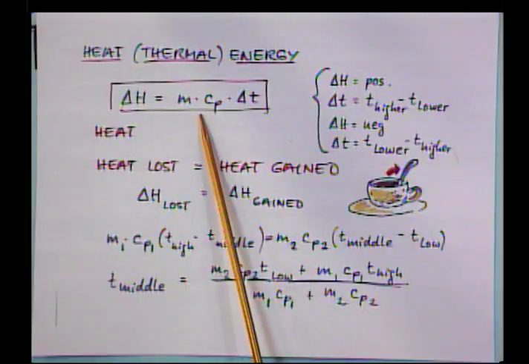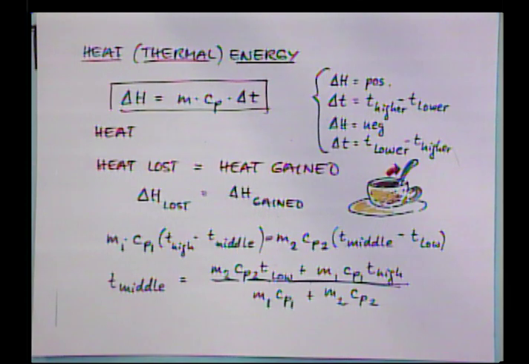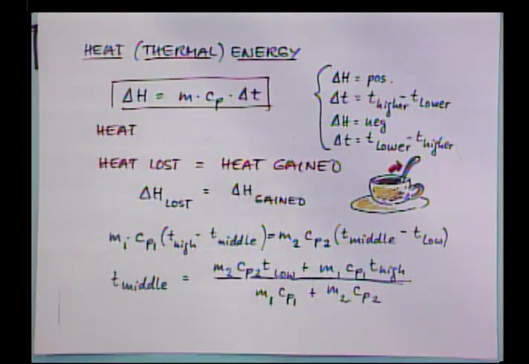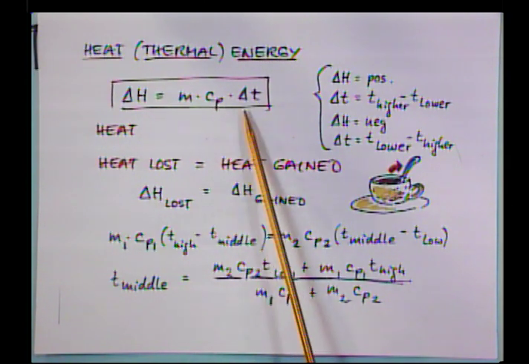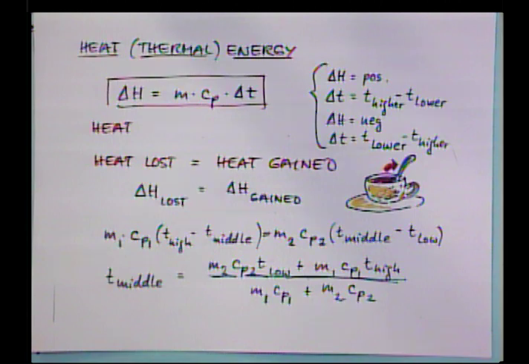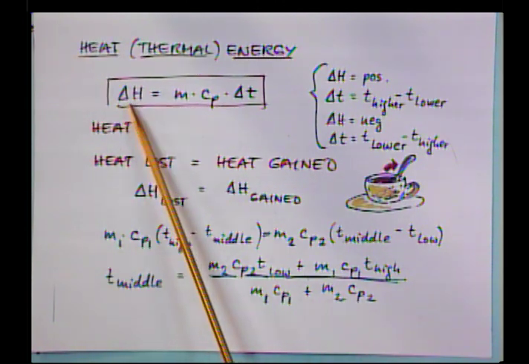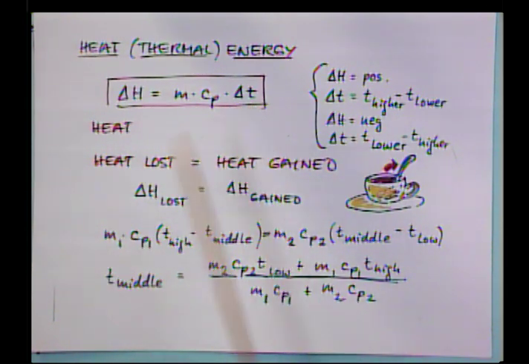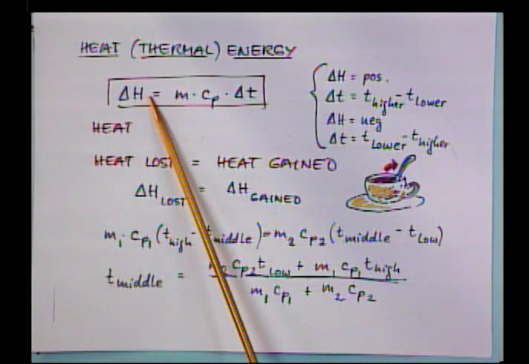So the change of enthalpy is mass of the body of matter times small c with a subscript p, which we refer to as the specific heat capacity, which is a material constant, a material property, and it's always the same for a certain chemical. And delta T means the change in temperature. So we can only measure the changes of heat in temperature, and when we know the mass and the specific heat.